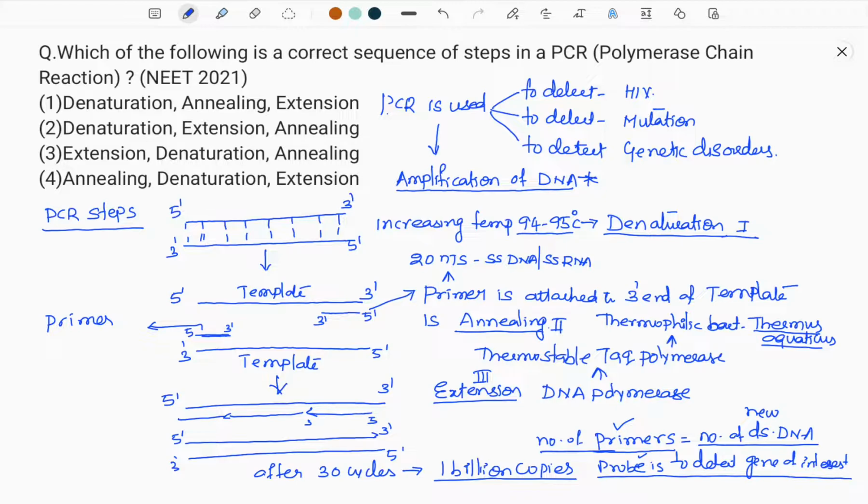Now let's come to the question here, the PCR technique. PCR technique has been asked twice. PCR technique knocked our door twice during NEET 2021. Why? Because it is an application of biology. It is a modern technique of biology. It's an evolution of biology. It's a landmark invention of biology.